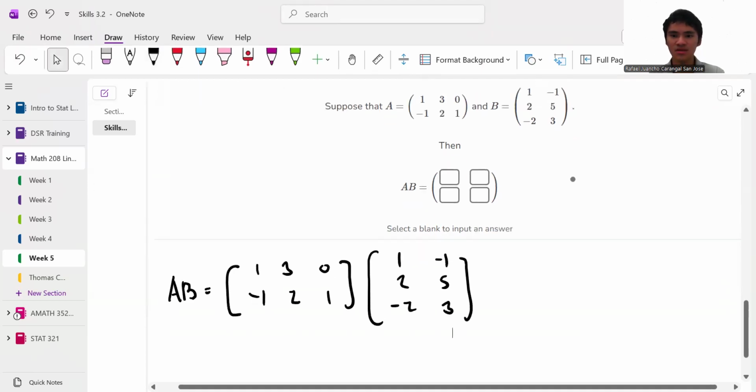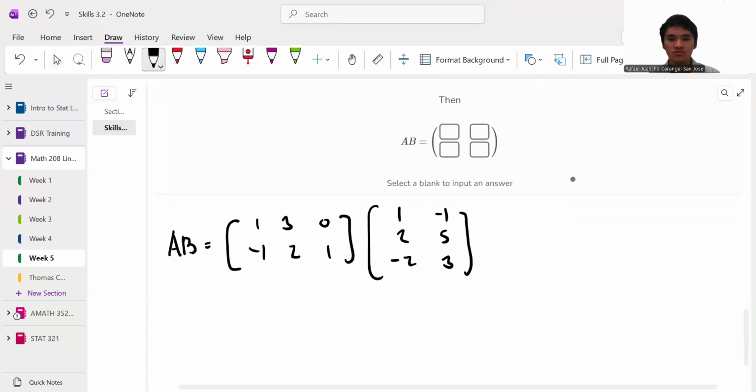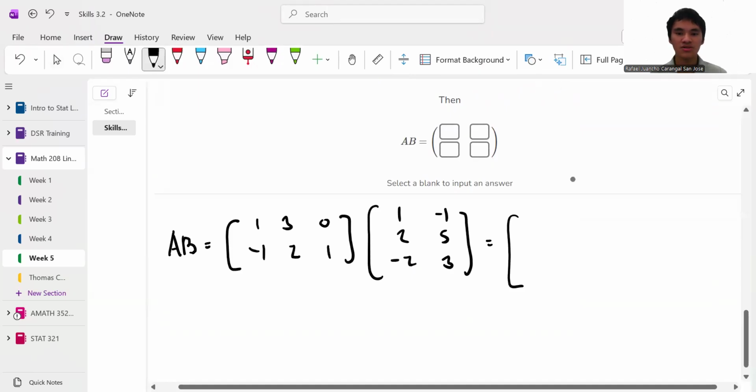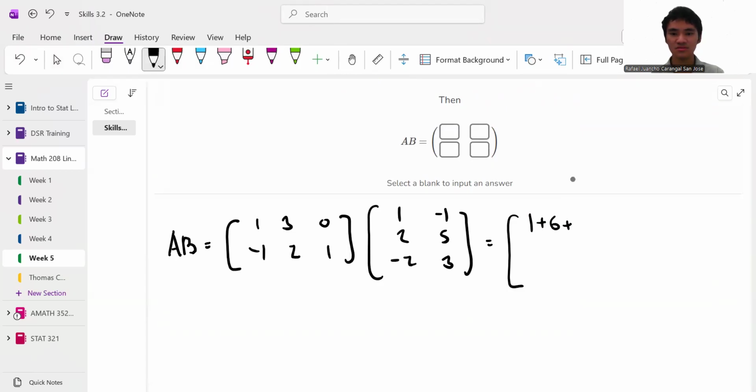Okay. Now I think I can do this. Okay, let's try. So 1 times 1 is 1. 3 times 2 is 6. 0. So this is 7. You immediately add them together. And then here we have negative 1 times 1. Oh, wait a minute. What do I do?